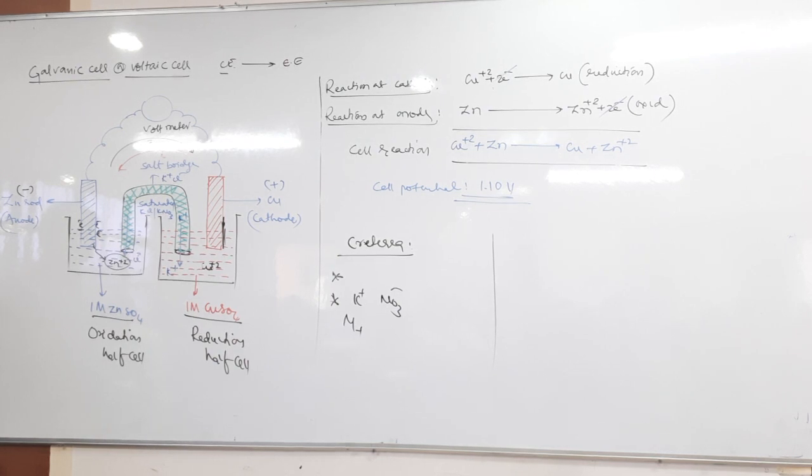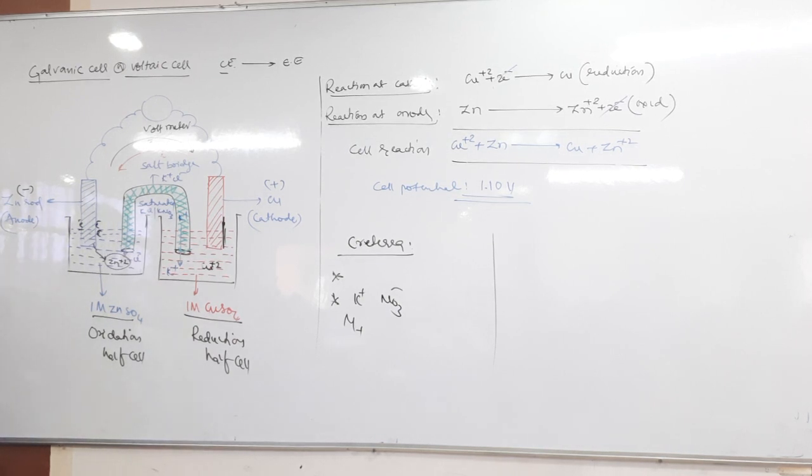In reduction half cell, copper rod is placed in 1 molar copper sulfate solution.